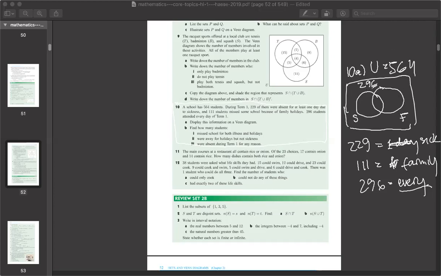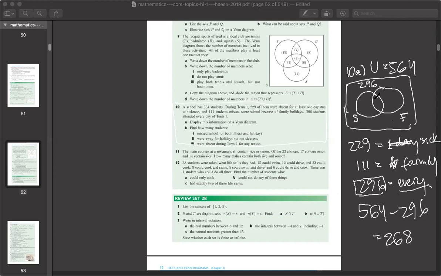Since we know that there are students that come every day, we can look for the students that don't come every day. You do that by doing 564 minus 296, and that results in 268.